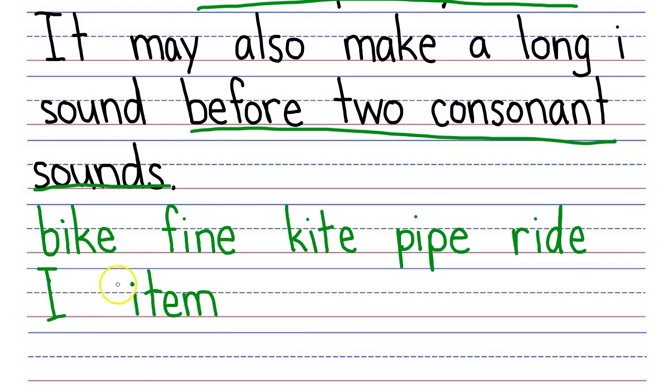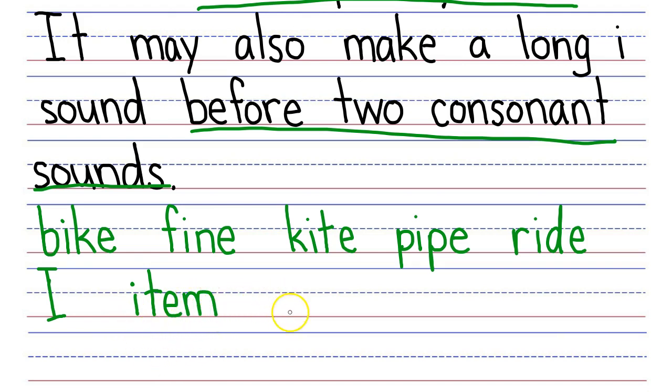So the I is making its long I sound because it's in a syllable all by itself that ends with a vowel. And the E is making a short E sound because it's followed by a consonant, which makes it a closed syllable. I-tem. First syllable I, second syllable tem, item.